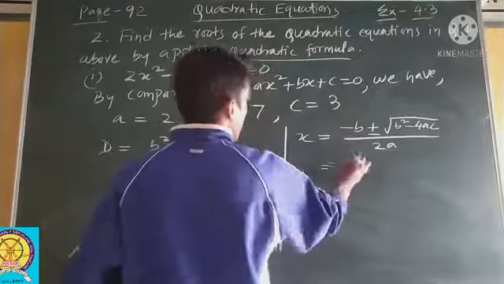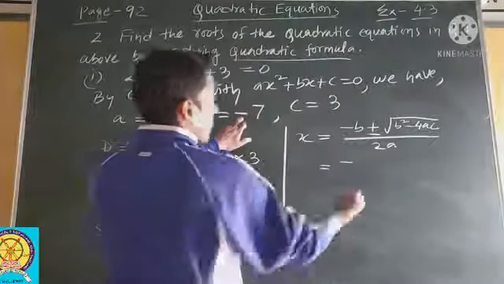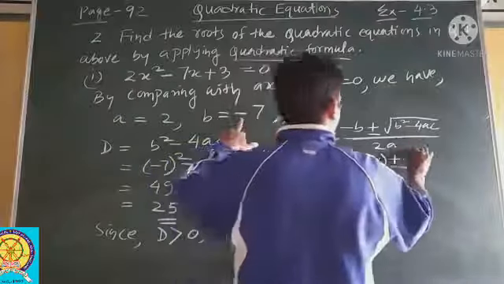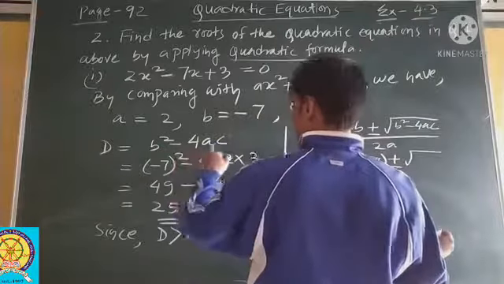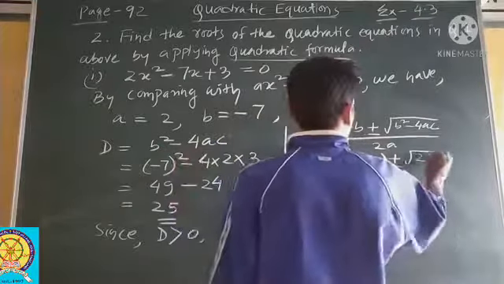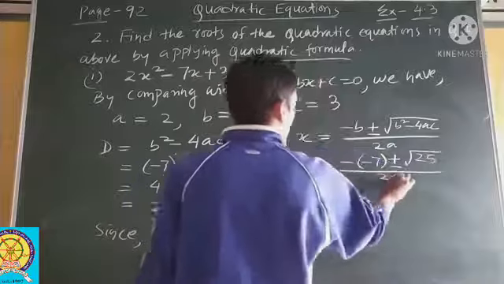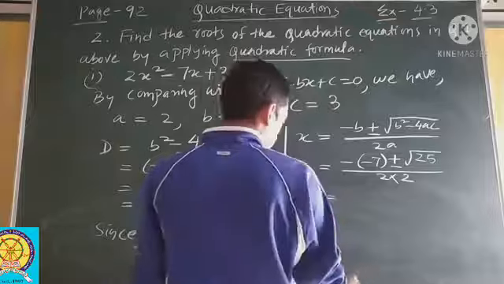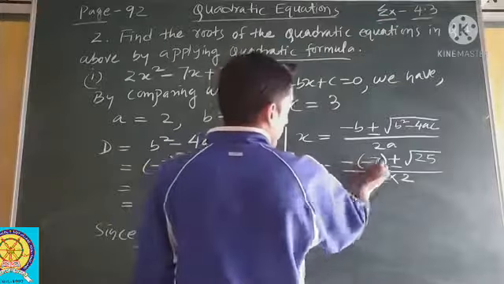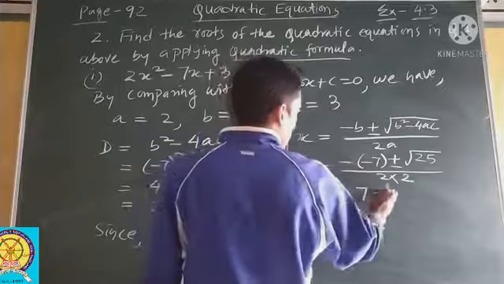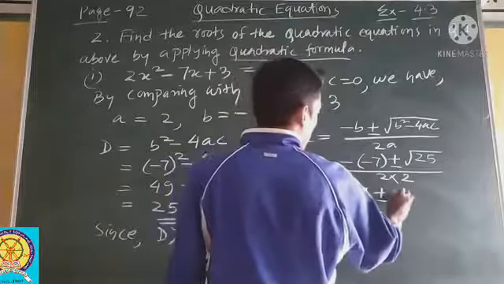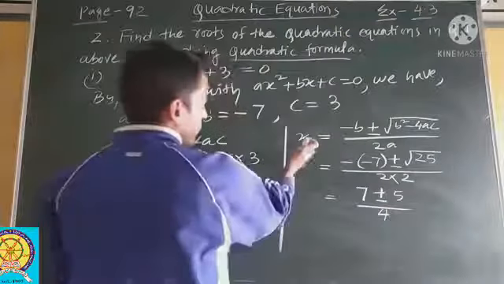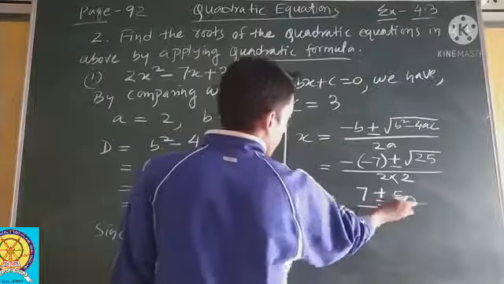Minus b, the value of b is -7, plus or minus the square root of the discriminant, which we got as 25, by 2 into a, the a value is again 2. Minus into minus is plus, so 7, and the square root of 25 is 5. 2 into 2 is 4. Now x equals 7 plus or minus 5 by 4.